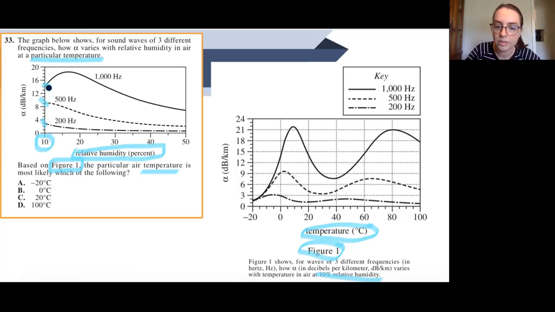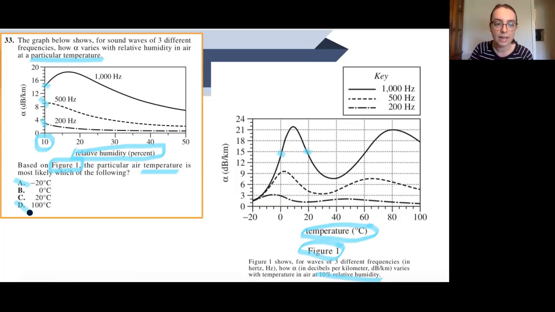So 1000 hertz, about 14 for alpha. Is it 14 at A, negative 20? Nope, that's too low. Is it 14 at B, 0? That looks like 14, that matches. Is it 14 anywhere else? It could be at 20 or it could be a 60, but that's not an answer choice. So that tells me it's either 0 or 20. So it's either B or C. If I was running out of time, I could just pick one out of a 50-50 shot.